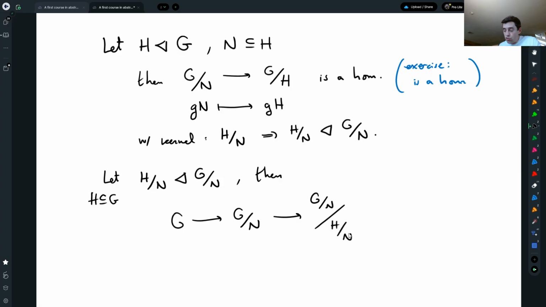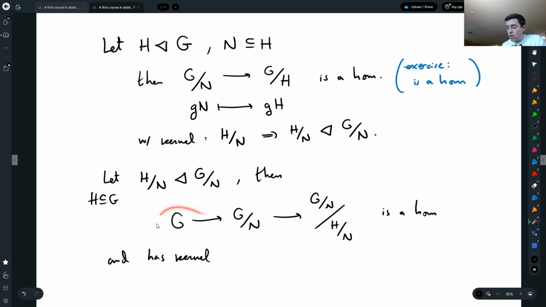H modulo N is normal in G modulo N, so I can do this quotient. The composition of these two quotients by normal subgroups is a homomorphism, and it has a kernel. What is the kernel? From here to here, the kernel is N, but then from here to here, the kernel is H modulo N, so the kernel from here is H.